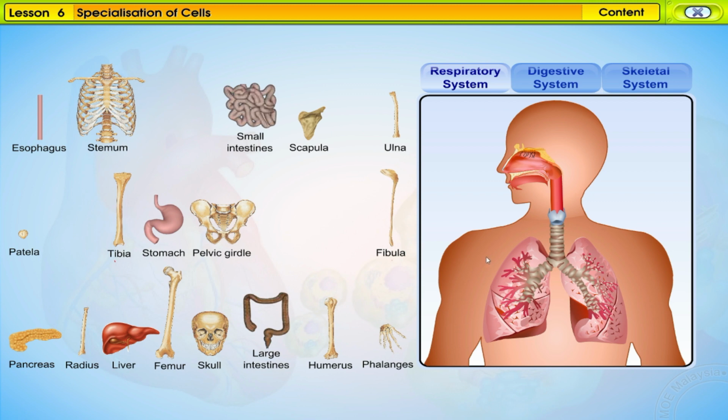Well done. The respiratory system consists of nasal cavity, larynx, trachea, bronchus, and lungs.